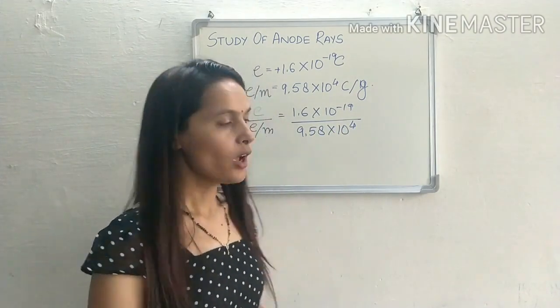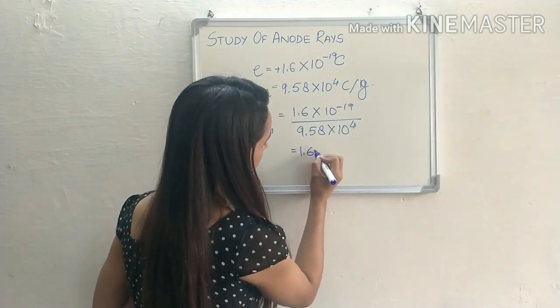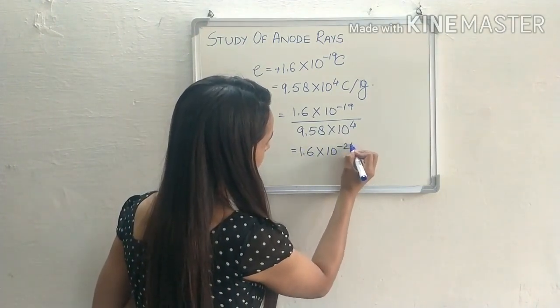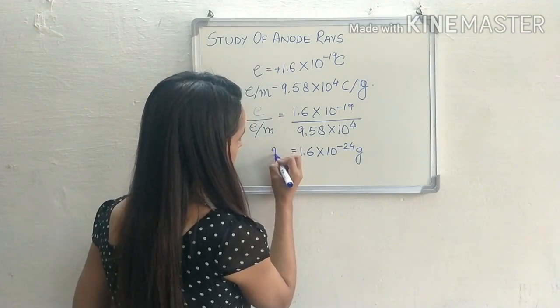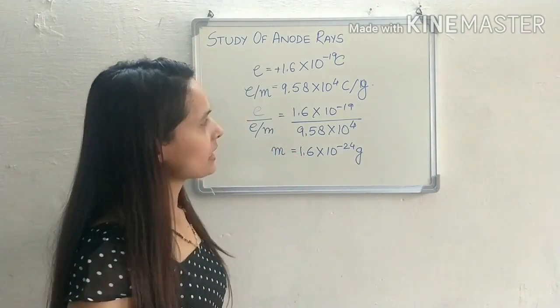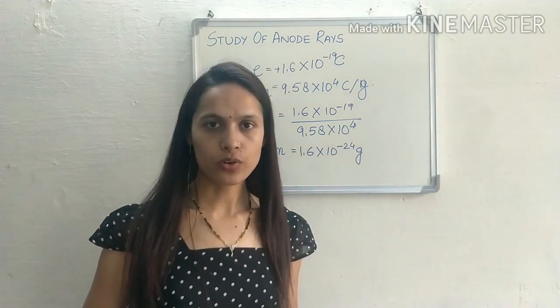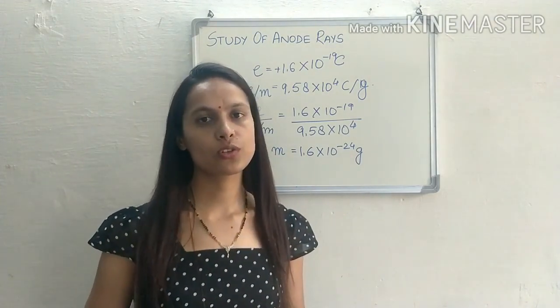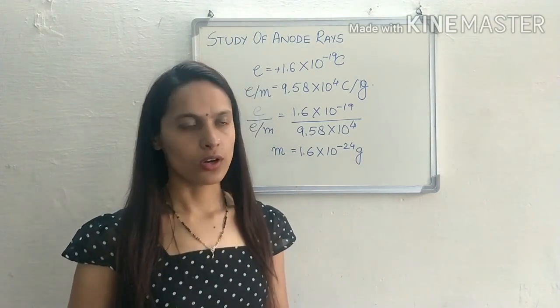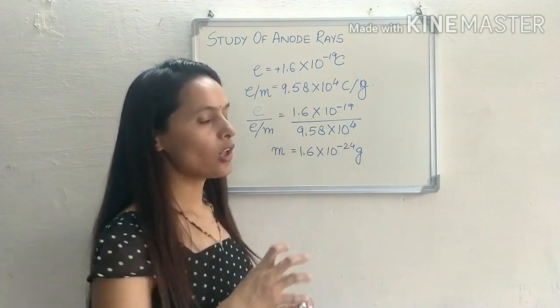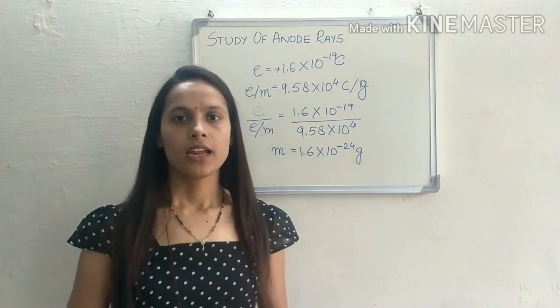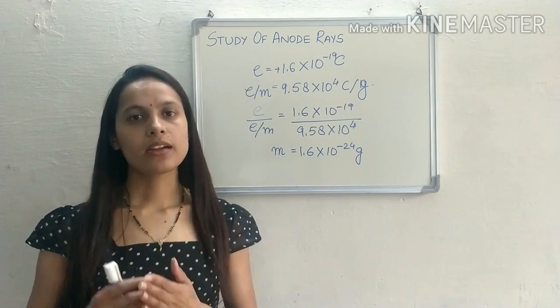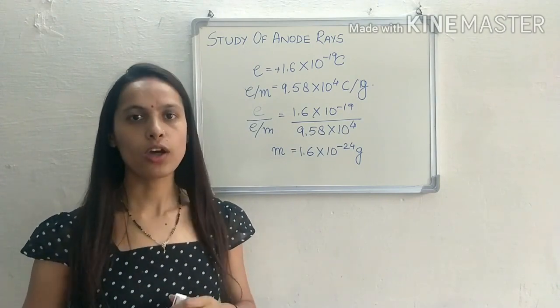The value is 1.67 × 10^-24 gram. So this is the mass of the particles which constitute the anode rays, and the scientists termed the particle which constitutes the anode rays as proton. So on the basis of all these studies, we develop a definition for proton.